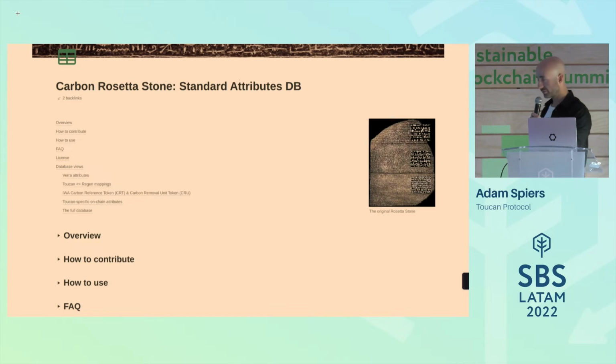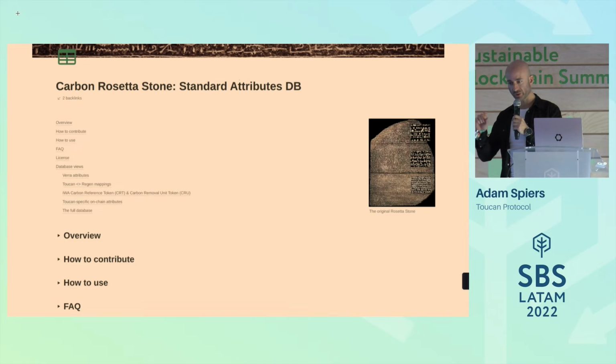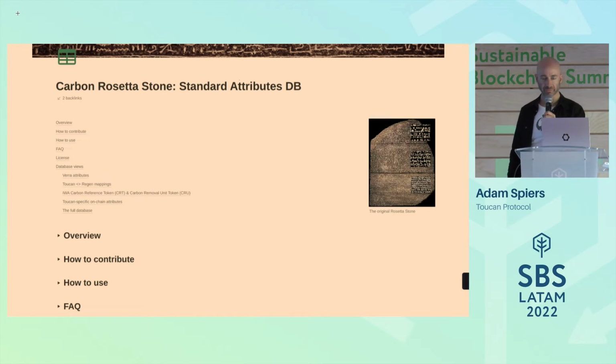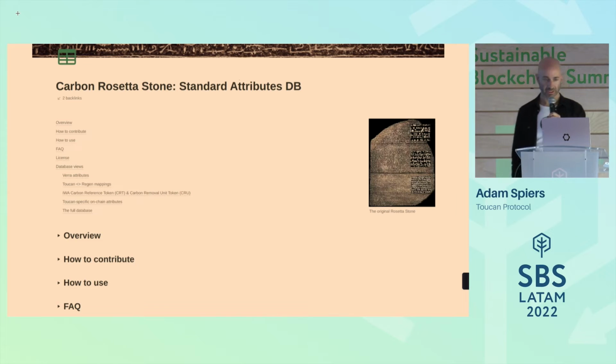So I thought, what happens if we build a carbon Rosetta Stone and we look at what are all the attributes that we need to describe carbon, whether it's an individual token, or the carbon project and the carbon vintage that token is representing. So we know that there are many different attributes needed to describe these different things.